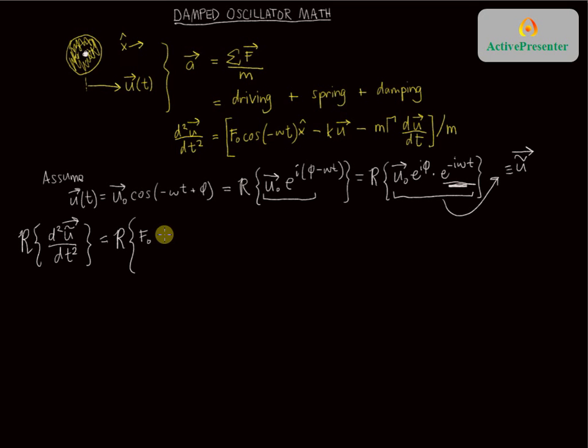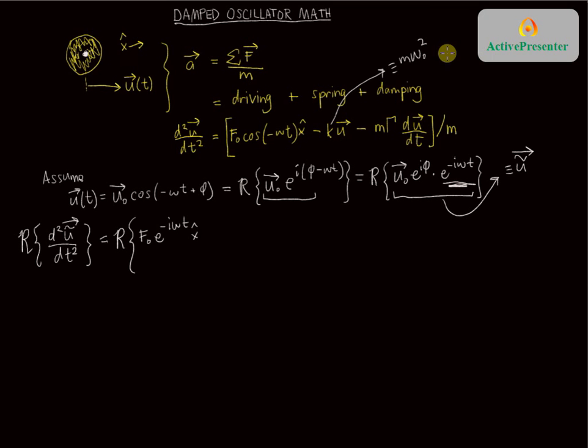We've got F naught, the cosine becomes an e to the minus i omega t. That's how that became that. x hat is just a unit vector. Now k, one thing I'm going to do here is emphasize that k equals m omega naught squared.